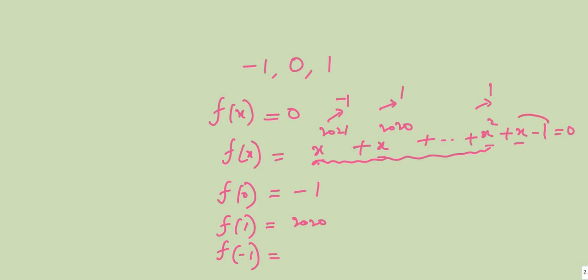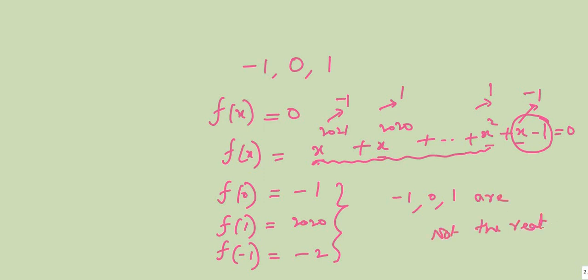So what remains is only these last two terms. But since x is -1, this is -1 and 1 is subtracted, so it's -2. So f(-1) is -2. If you observe here, f(0), f(1), f(-1) are not giving zeros. So that means -1, 0, 1 are not roots of this equation.